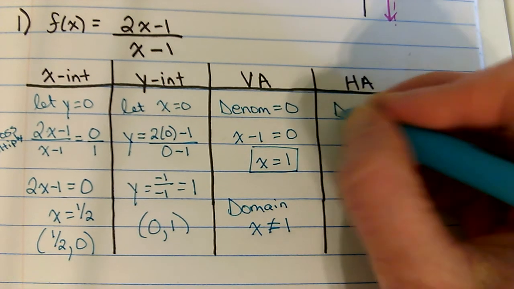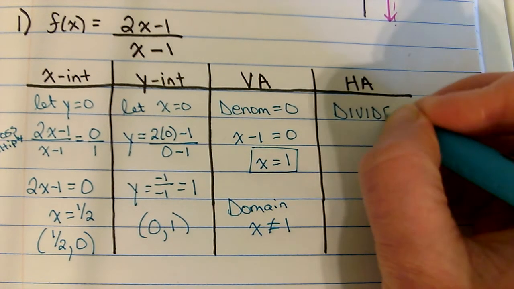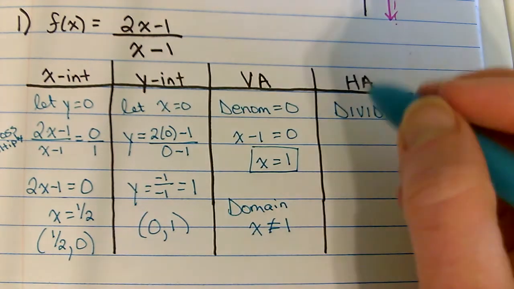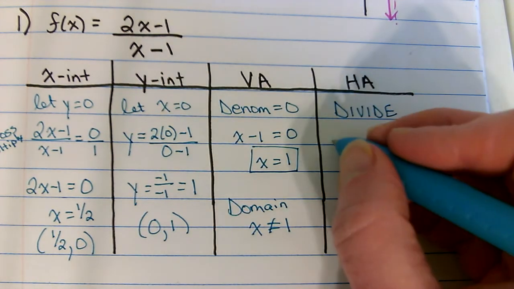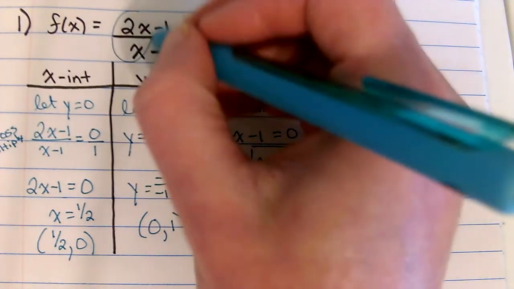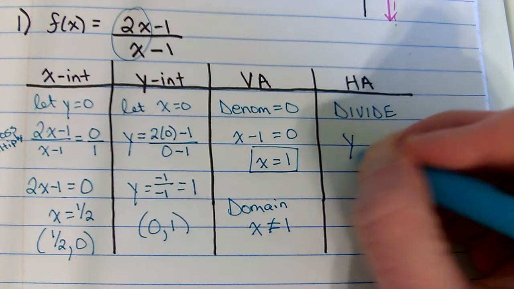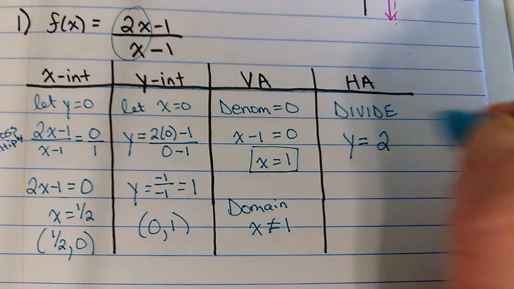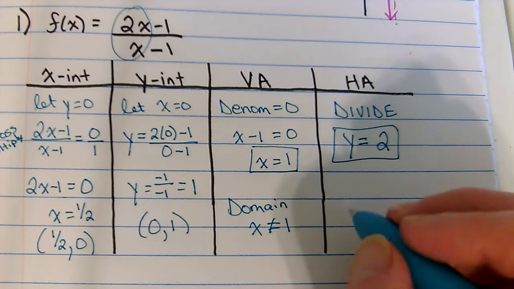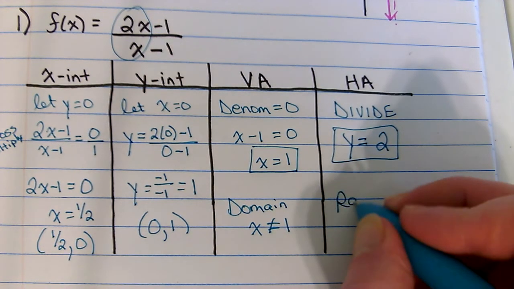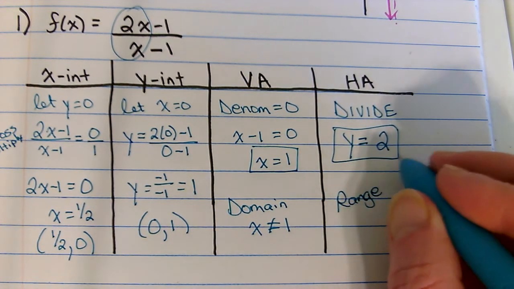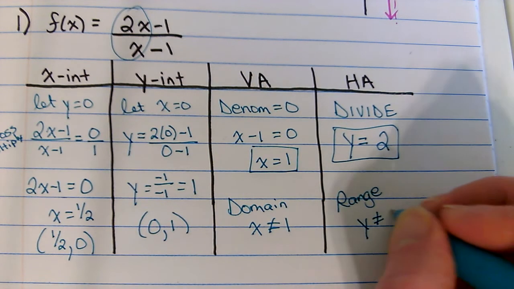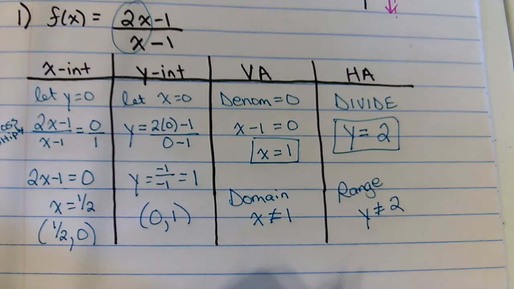This is where we're going to divide. So we have like degrees. So if I take that 2x divided by x, I'm going to get y equals 2. Now the beauty of a horizontal asymptote is it gives me my range. If my horizontal asymptote is at y equals 2, then my range is y cannot be 2.